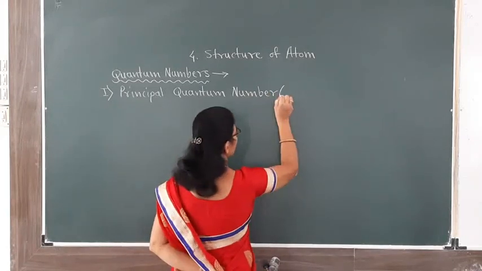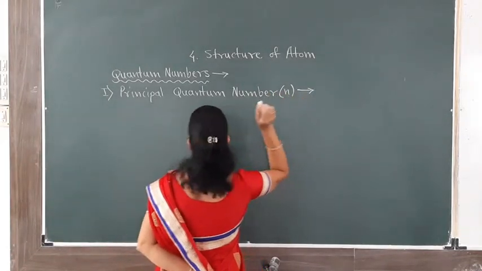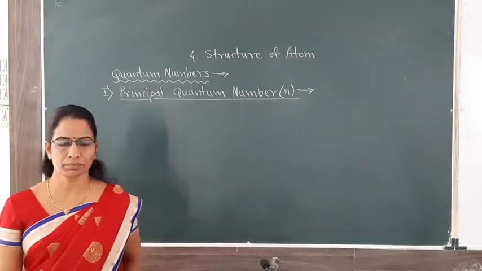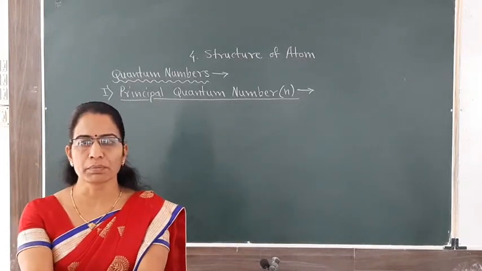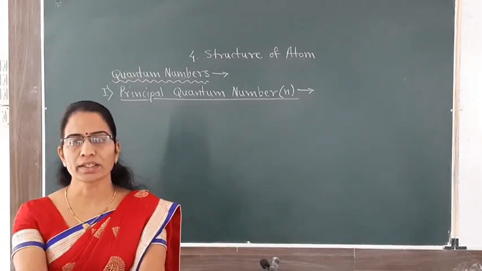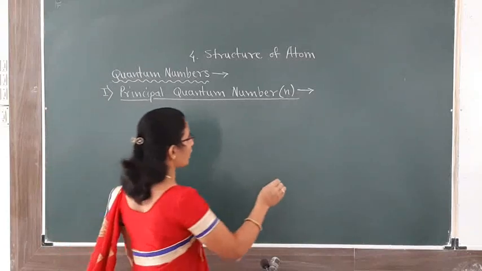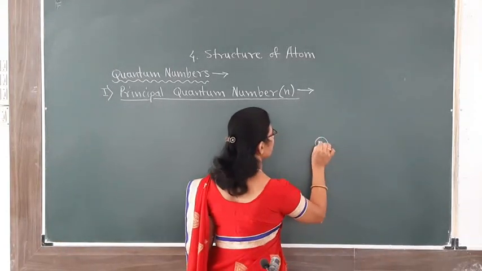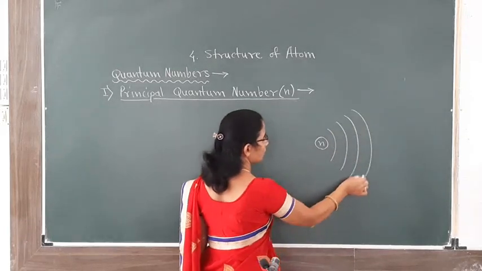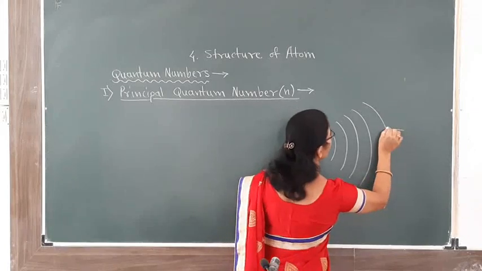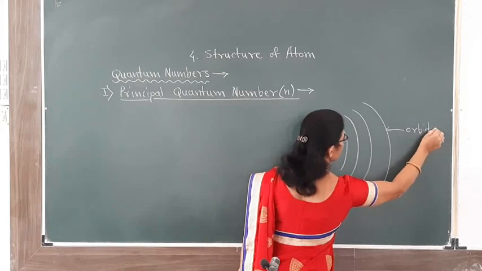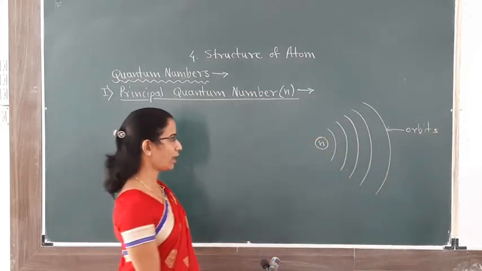You know that this quantum number is denoted by the symbol small n. We will study in detail about this quantum number. Now this quantum number gives the shell in which the electron is present. We know that around the nucleus in the atom, the electrons are revolving in circular paths, and those paths are named as orbits, or are called stationary states or stationary energy levels.